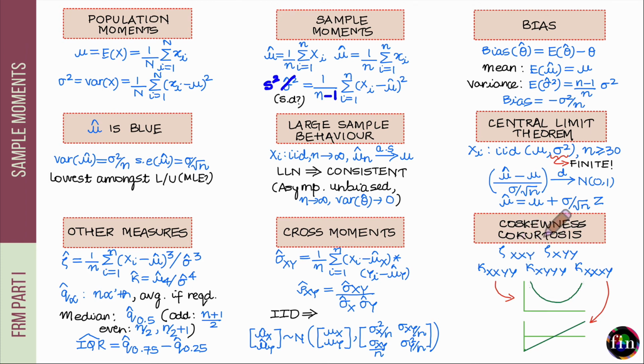When there are two variables x and y, I can have two types of coskewness. In the first type, x contributes 2 powers, y contributes 1 power. In the second type, x contributes 1 power and y contributes 2 powers. In both these cases, therefore, my total power is indeed 3.